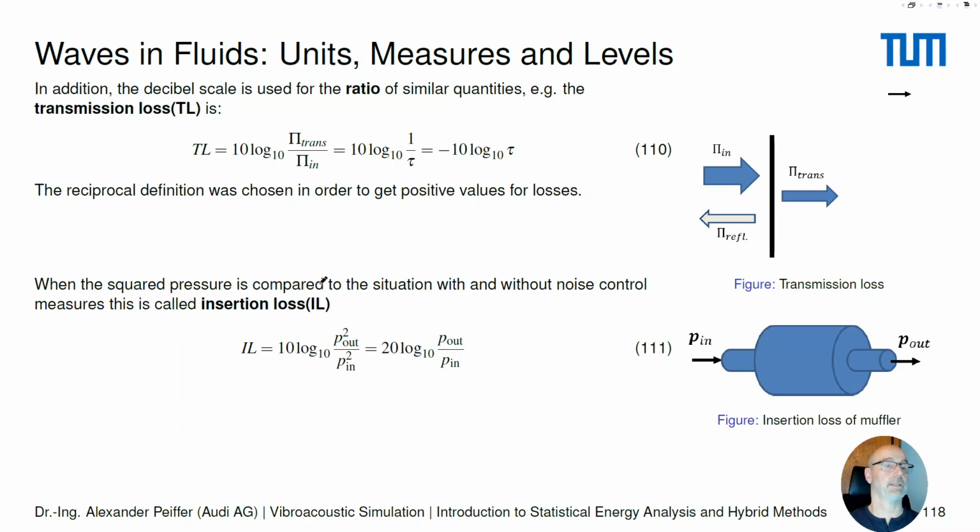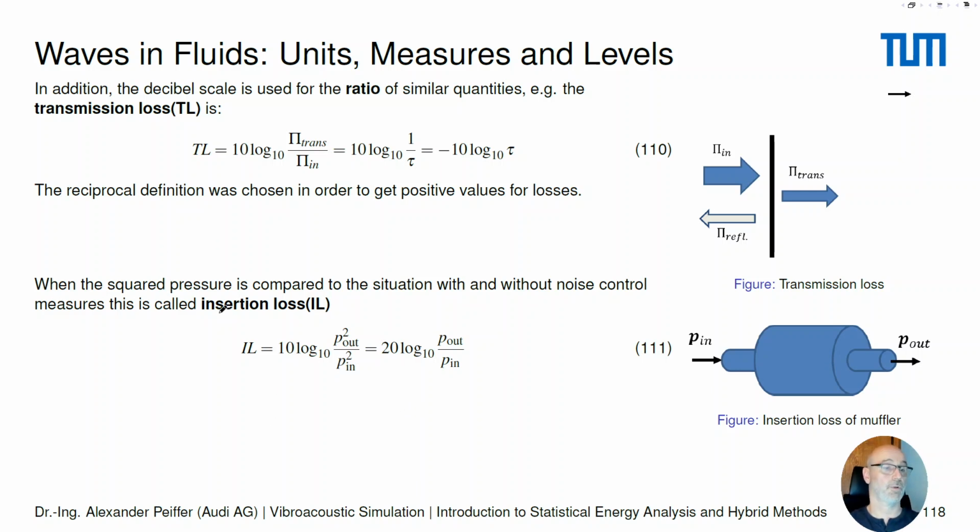Another thing, and please don't confuse that, is something that we call insertion loss. And this is also a logarithmic scale in decibel, but now we are comparing the situation with and without noise control. So it could be, for instance, the pressure output of a pipe, and then you put something in, a muffler, and the aim of the muffler is to reduce the output pressure.